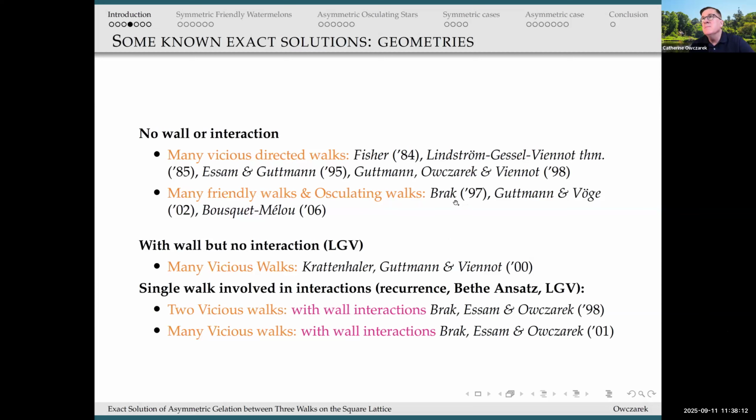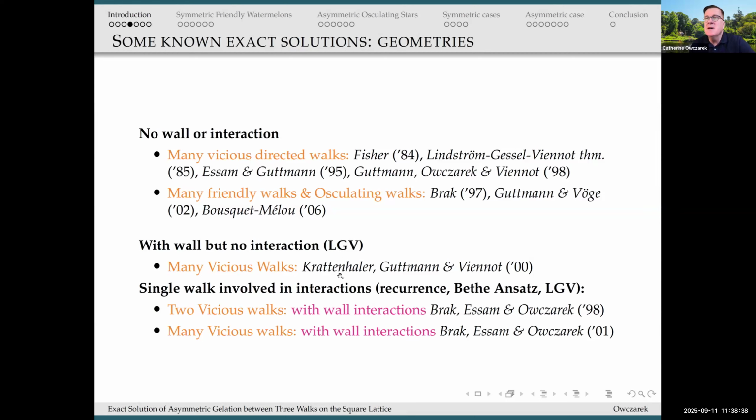Richard Brak has looked at oscillating walkers for some time, and so did Mireille Bousquet-Mélou from the University of Bordeaux, and we'll be mentioning some of her work again. So with a wall and no interaction, there's an LGV problem.